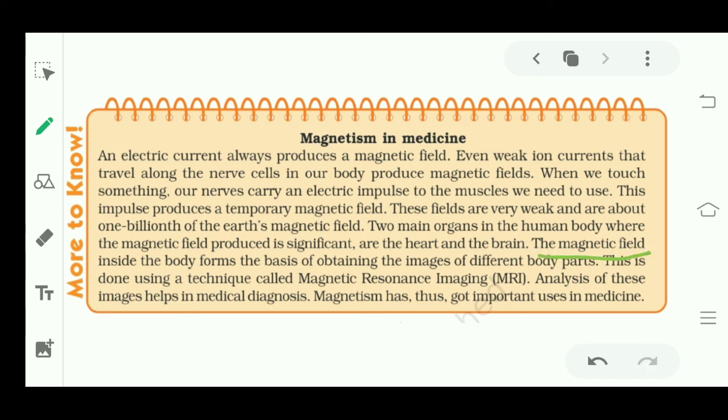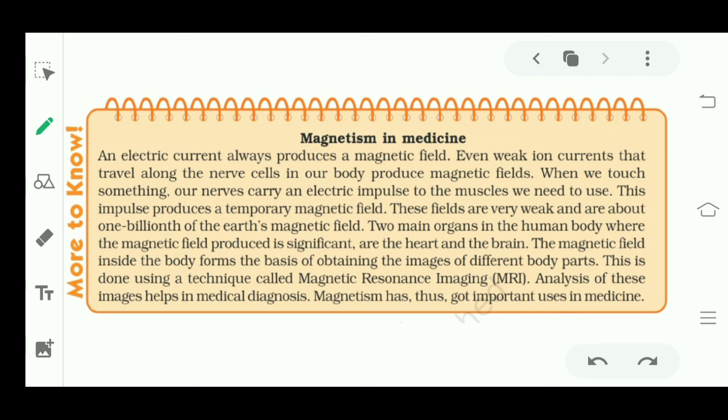The magnetic field inside the body forms the basis of obtaining the images of different body parts. We use these magnetic fields to obtain the images of our body parts.